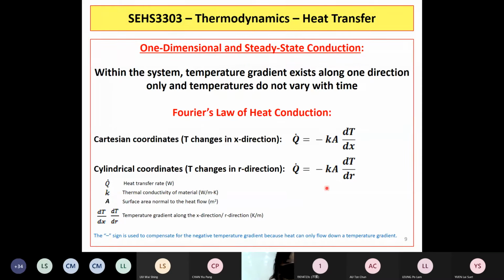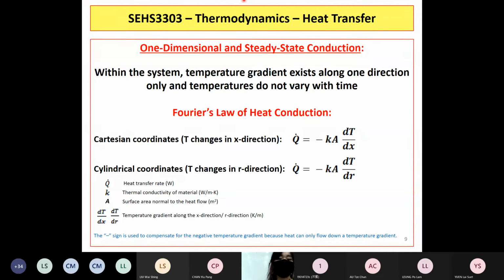If you look at these two equations, Q dot is the heat transfer rate. A is the surface area, which is normal to the heat flow.